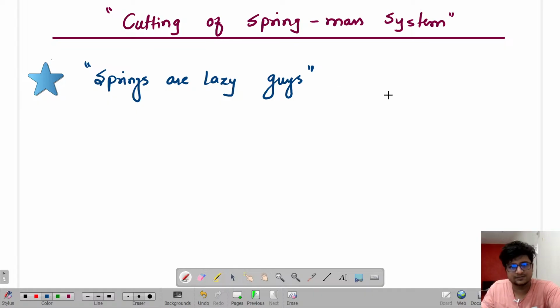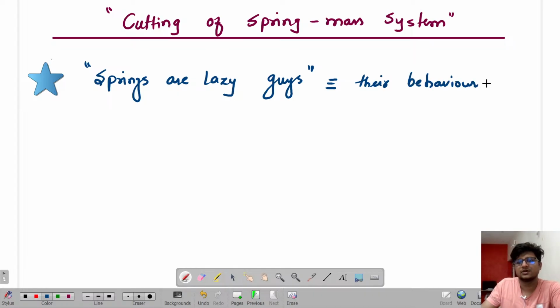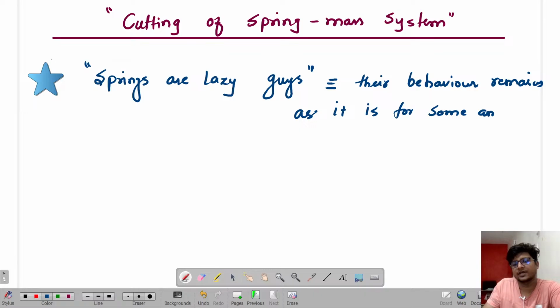Springs are lazy guys, which means that their behavior remains as it is for some amount of time.